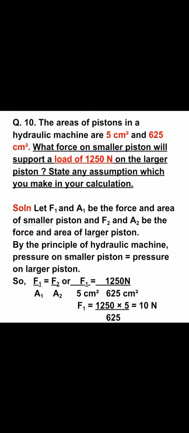Here the question is, the areas of piston in a hydraulic machine are 5 centimeter square and 625 centimeter square. What force on the smaller piston will support a load of 1250 Newton on the larger piston? State any assumption which you make in your calculation.